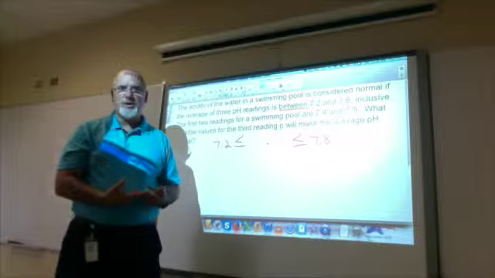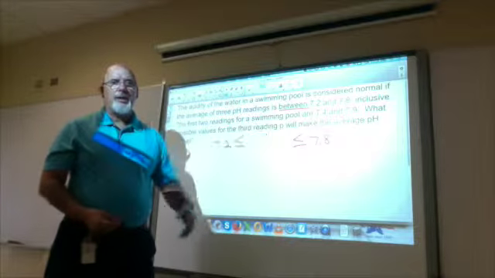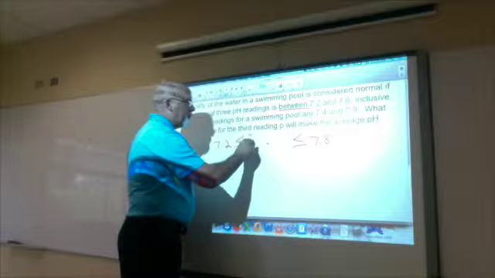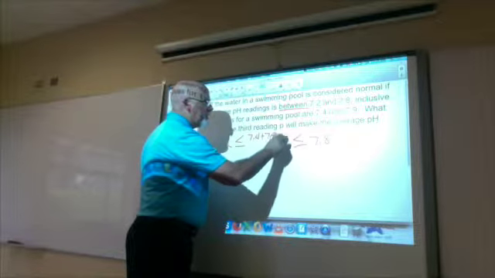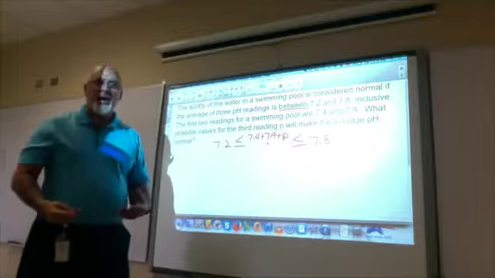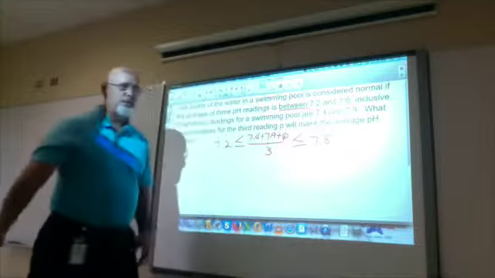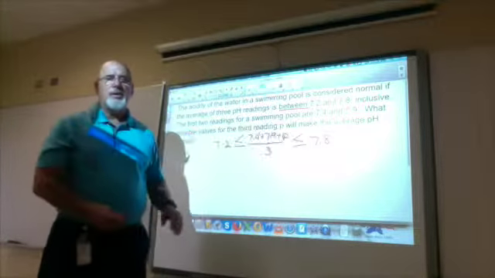Here we've got a 7.4 and a 7.9, and our third reading is P. So we're going to add up 7.4 plus 7.9 plus P, and divide by 3 because there are 3 items. And so now we've written our inequality just by reading what we've had up here.